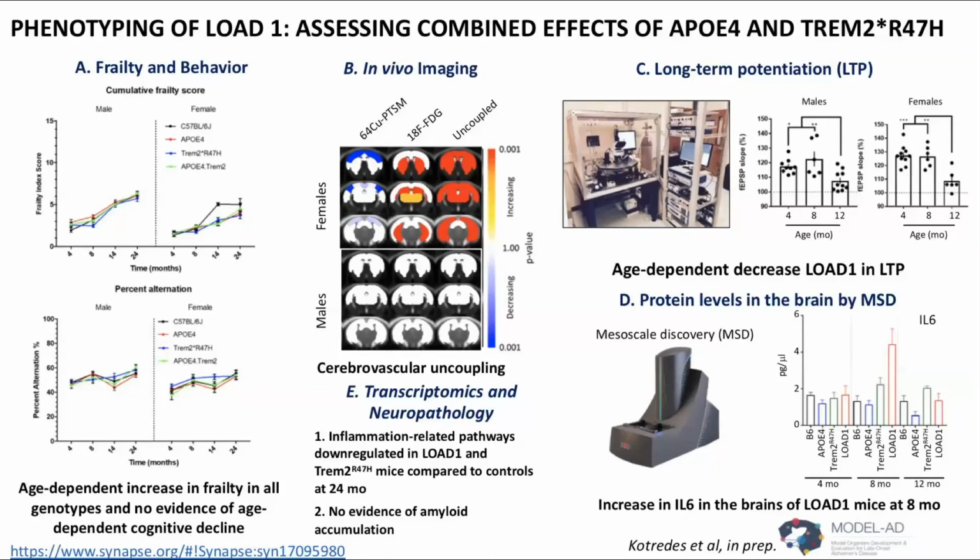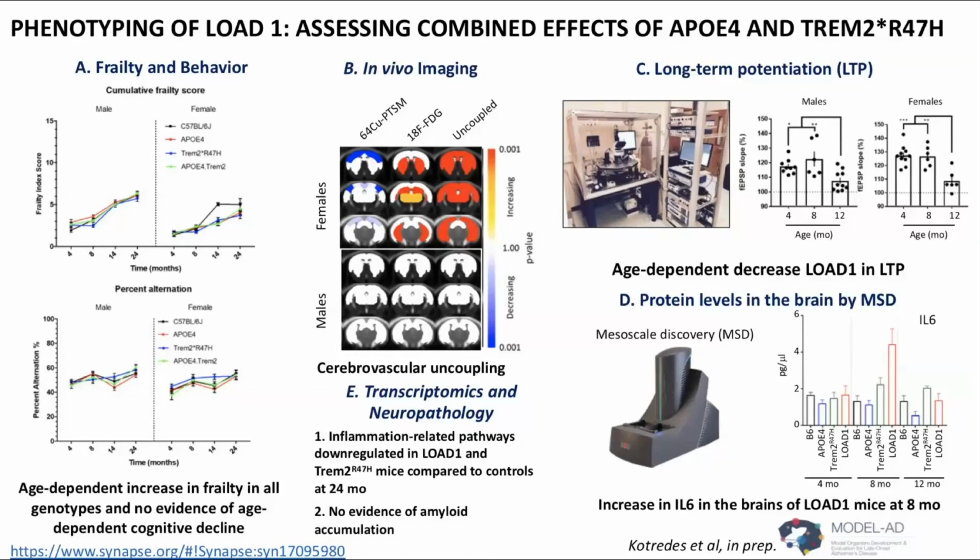And what this chart is indicating is either a decrease compared to controls in the amount of blood flow or an increase compared to controls in the amount of glucose uptake. And what's really interesting about these mice at 8 and 12 months of age is there appears to be an uncoupling between blood flow, which is on the decline in some brain regions, and glucose uptake, which is on the increase in other brain regions.